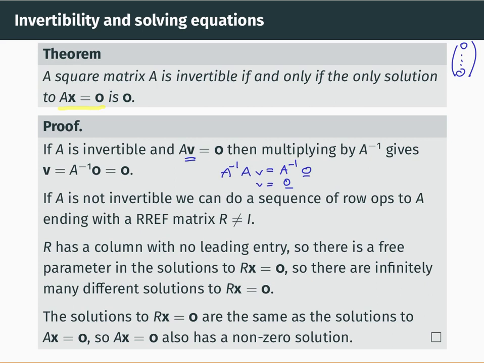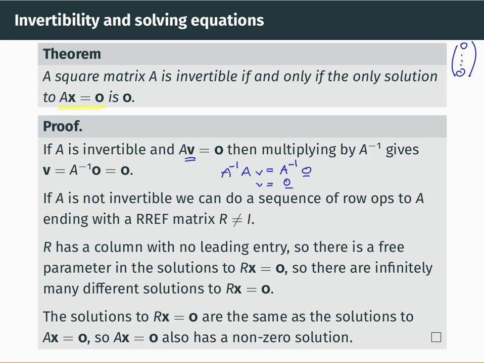If A is not invertible, then what we know now is that we can do a sequence of row operations to A, and we must end up with a row-reduced echelon form which is not the identity. We know that because we know that if A is invertible, then there is a sequence of row operations taking A to the identity. So since we're assuming A is not invertible, then when we do a sequence of row operations putting A into row-reduced echelon form, what we get cannot be the identity matrix.